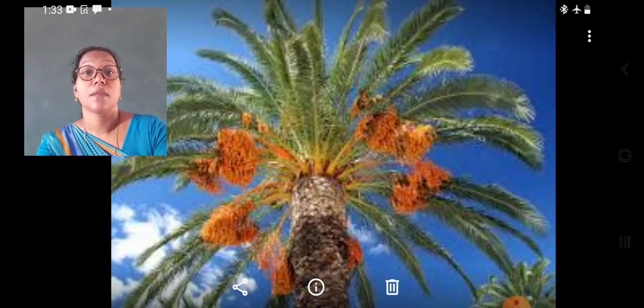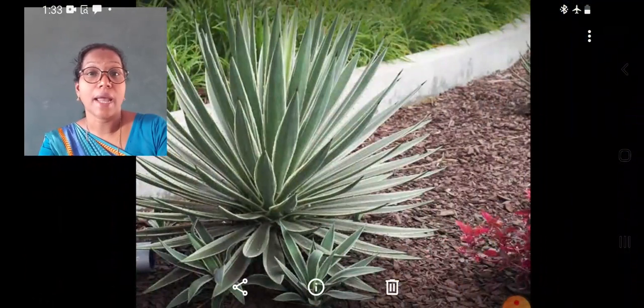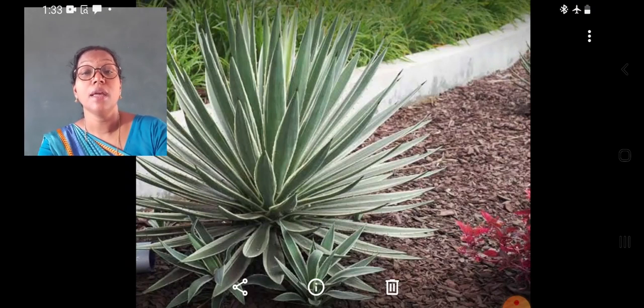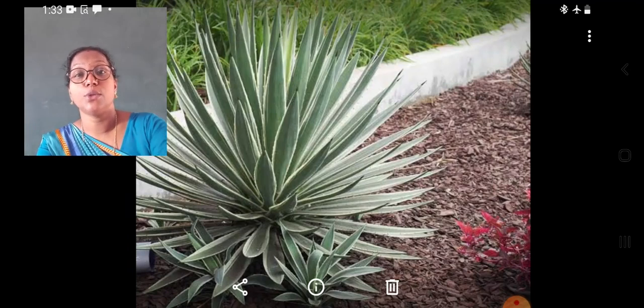These are reduced into thorns. The dagger plant, in this plant the leaves are sharp, thorn-like structures, like a dagger. It looks like that, that's why the name dagger plant is given to the plant.